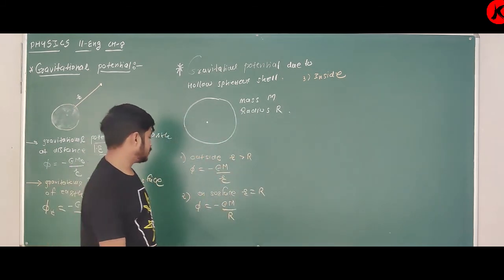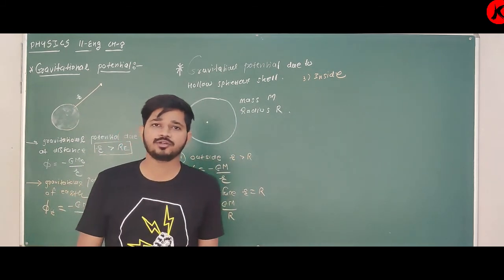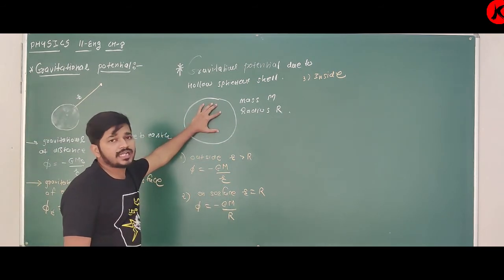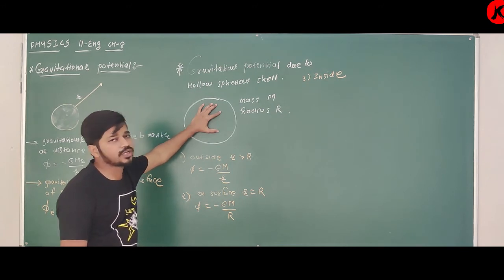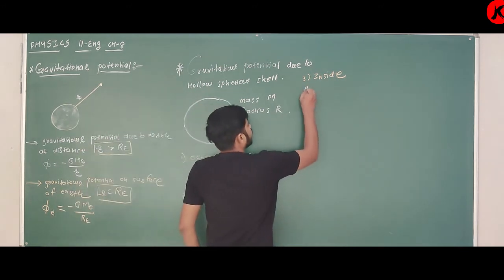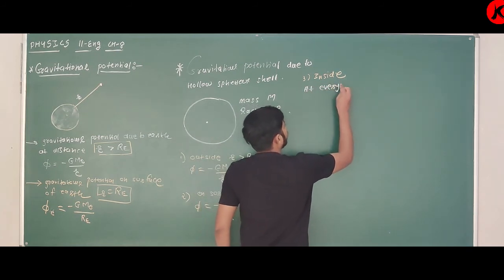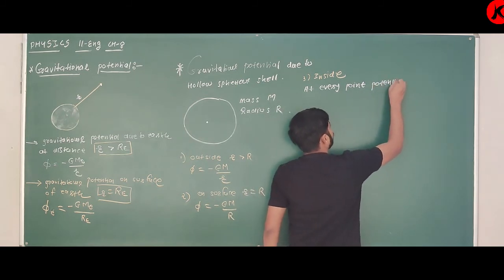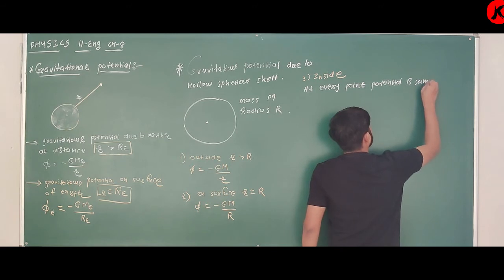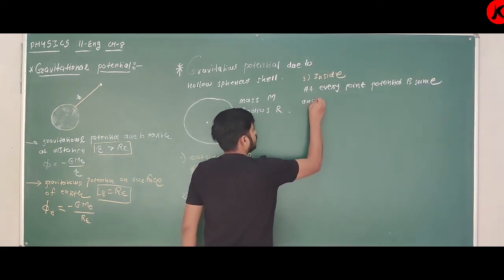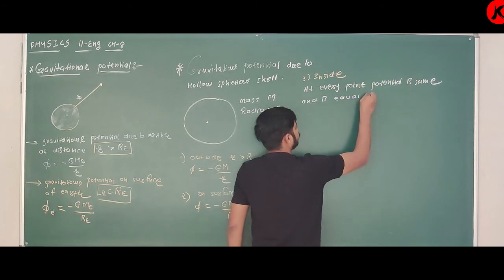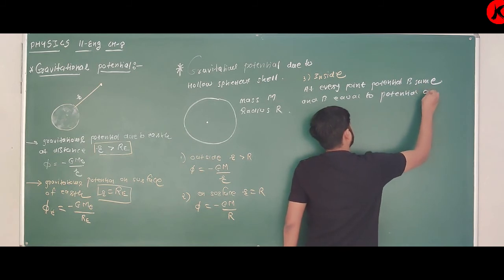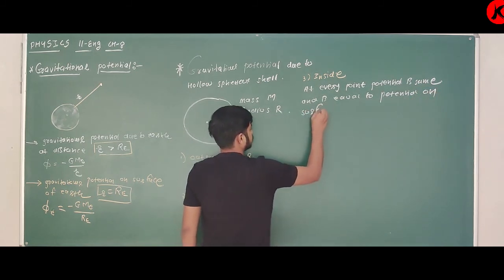What is inside? Remember this point. Inside the spherical shell, gravitational potential at each and every point is the same and is equal to potential on the surface.